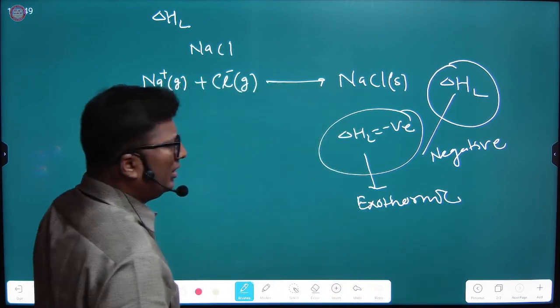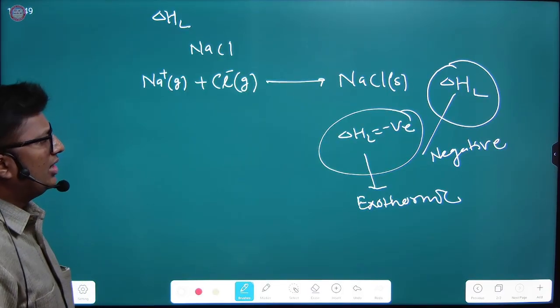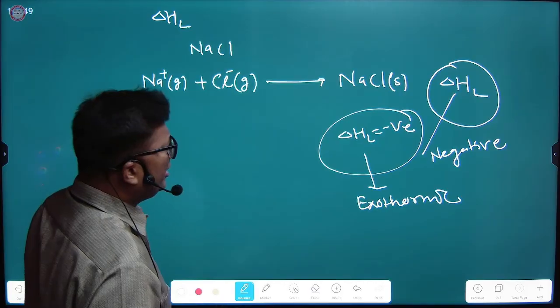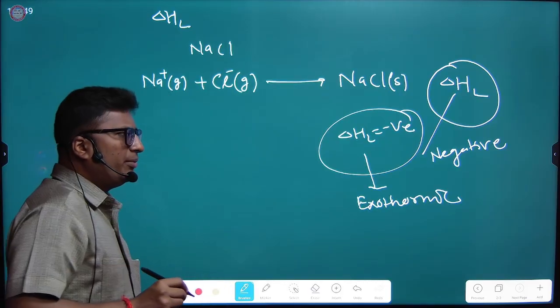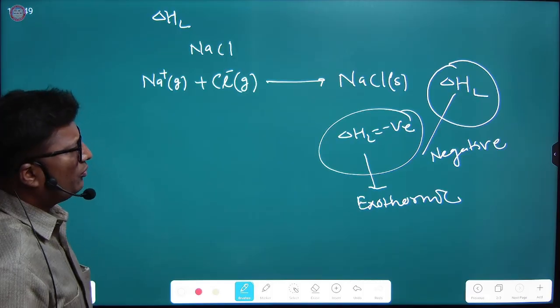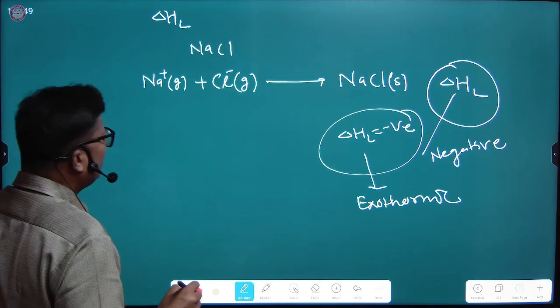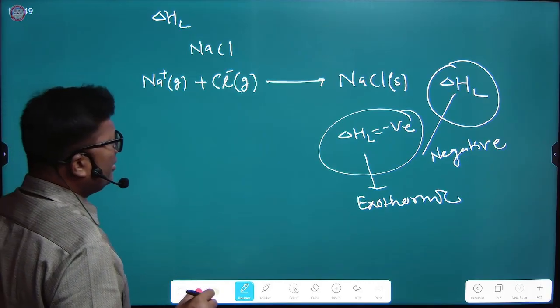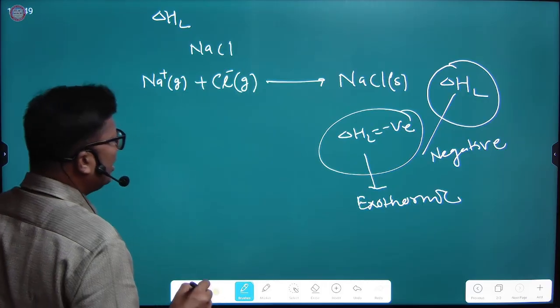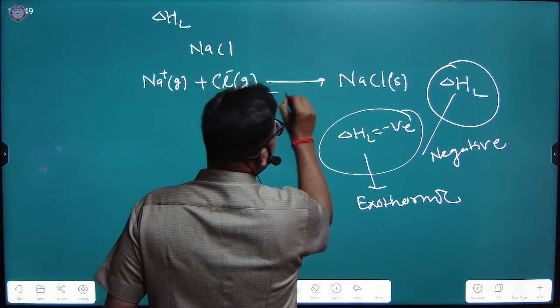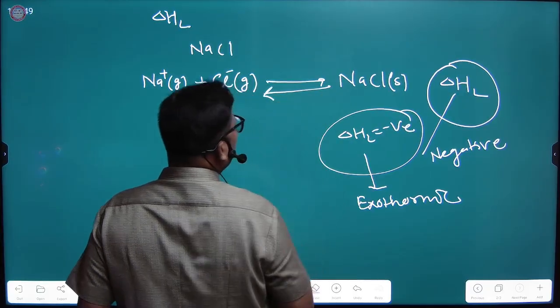In reverse, we can also define lattice enthalpy as the energy required to break up 1 mole of ionic compound into its gaseous cation and anion. The reverse direction is also possible, right?